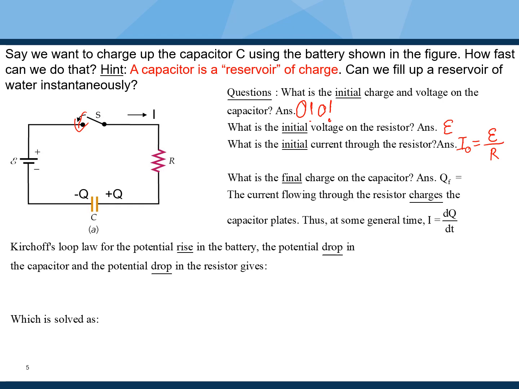The question is, what is the final charge on the capacitor? So we realize that eventually the charge builds up on the capacitor to the point where the voltage across the capacitor is exactly equal to the original EMF of the battery. When that happens, we can say that the final charge is just equal to C times the EMF of the battery itself.